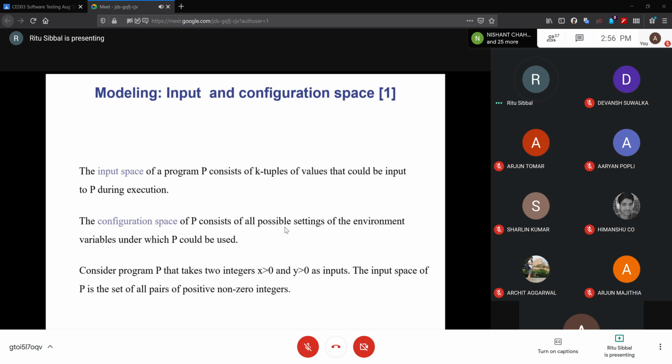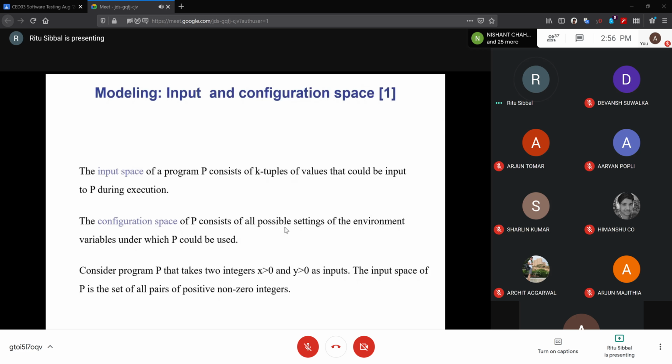Now let us suppose there is a program which takes two integers, x greater than 0 and y greater than 0, as inputs. So the input space of P is the set of all pairs of positive non-zero integers. Now suppose that this program is to be executed under the Windows and Mac OS operating systems through Netscape or Safari browser, and it must be able to print to a local or network printer. So this becomes the configuration space.